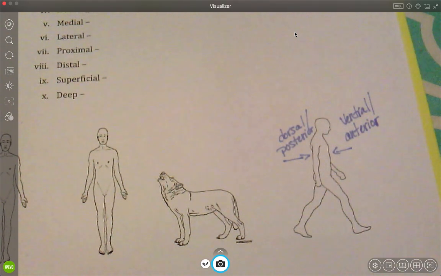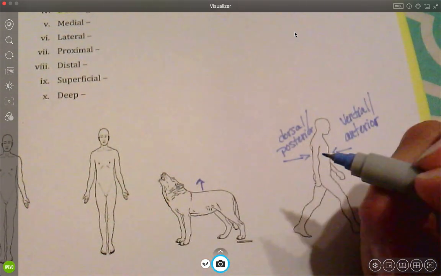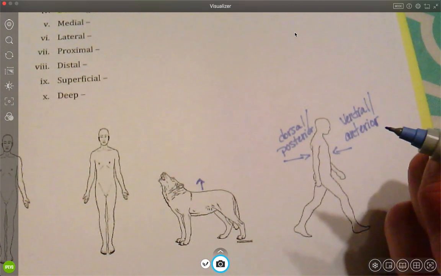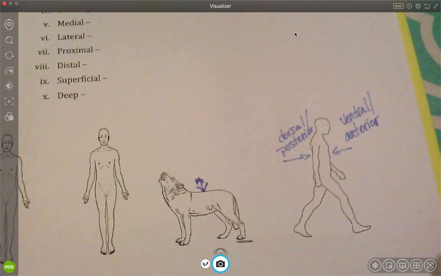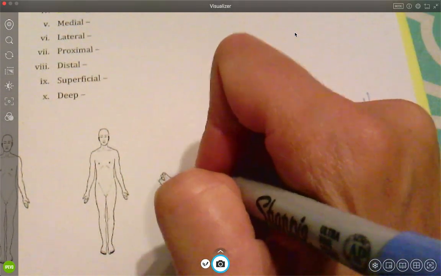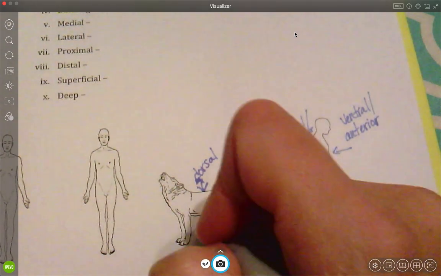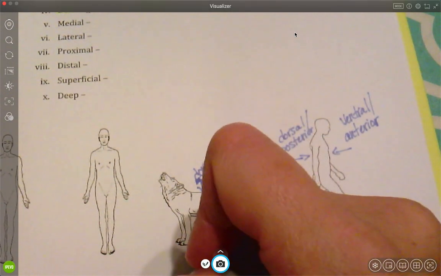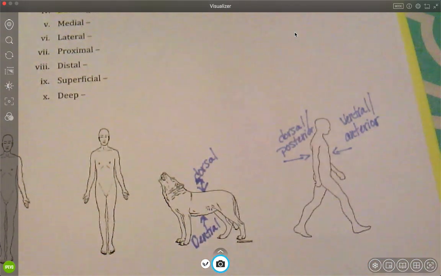Now, when we're talking about an animal, we're going to have to separate those words. So, if we're talking about the dog, the arrow should be going to his back. That's going to be dorsal. Okay, and his front is ventral.